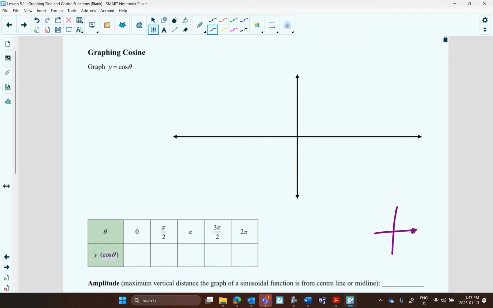What's the cosine of 0? 1. What's the cosine of pi over 2? What's the cosine of pi? Negative 1. What's the cosine of 3 pi over 2? 0. And then we're back to 2 pi, which is 1.